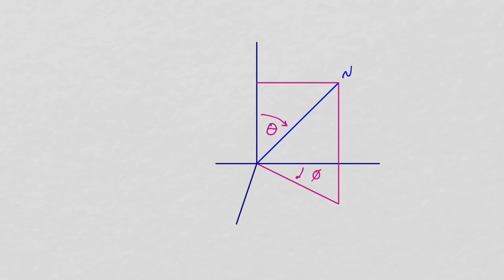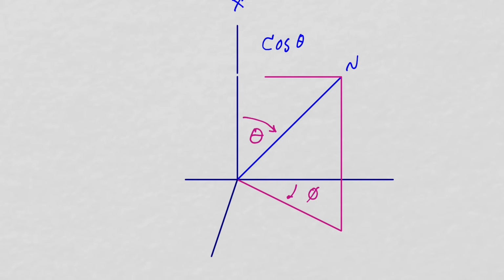The projection of n on this x3 axis would be, of course, cosine theta. Actually, this kind of looks a little skewed, doesn't it? I think this red line here, in order to do my projective geometry, should look something like that. Yeah, that's better. So cosine theta doesn't really look as good there as it should.